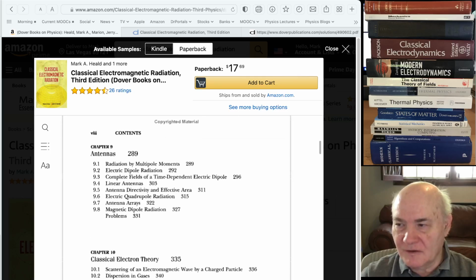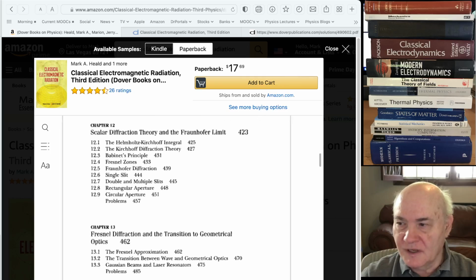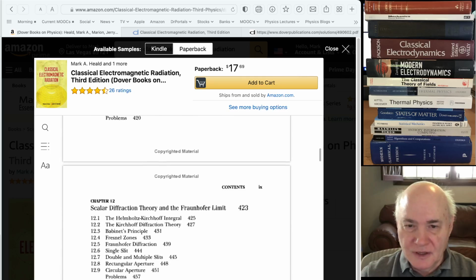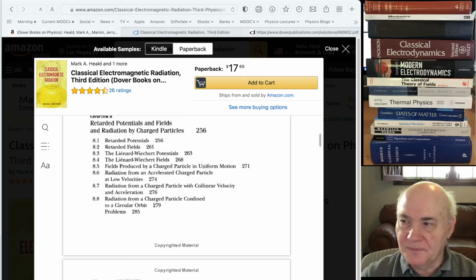And it covered a lot on things like antennas and classical electromagnetic theory, interference, coherence, scalar diffraction theory. And it has a very good chapter on relativistic electrodynamics. So it's considerably easier to read than the standard graduate level book, Jackson.